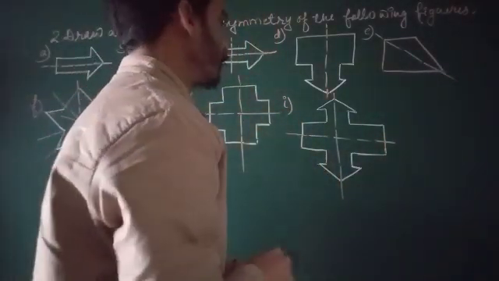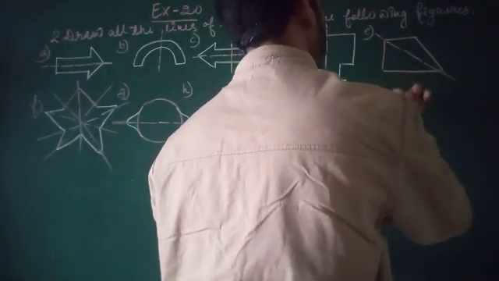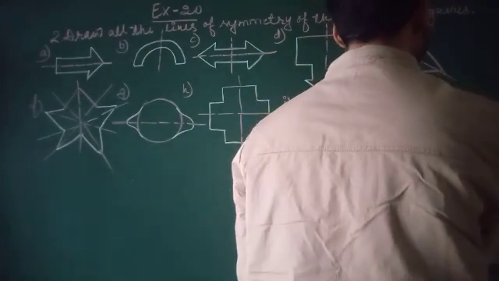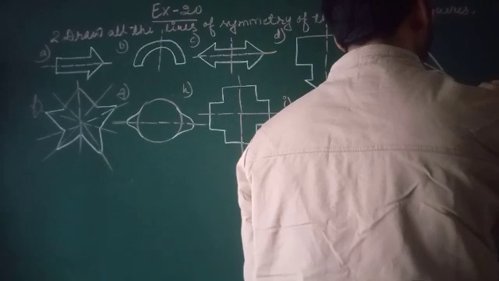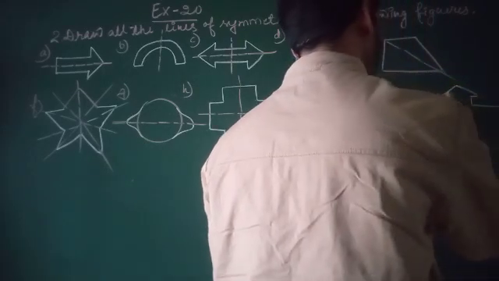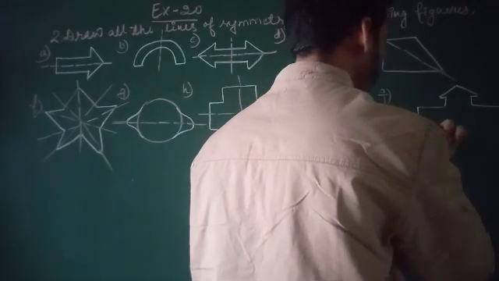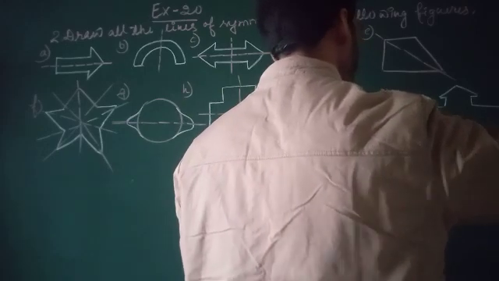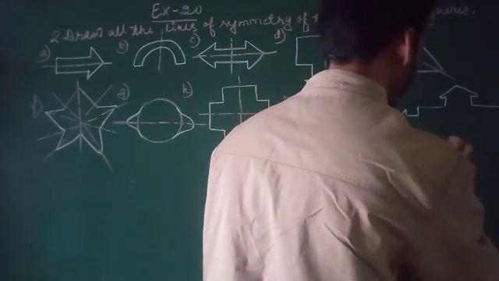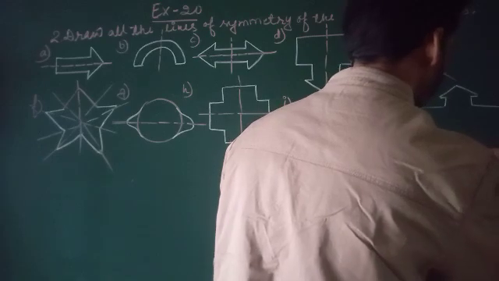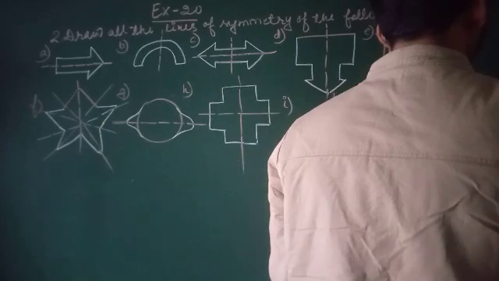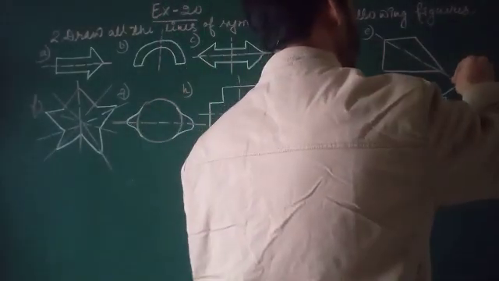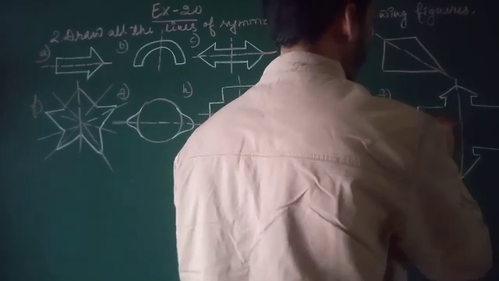And after that, the next figure is question number J. Question number J, there are two lines of symmetry. One is horizontal and one is vertical.